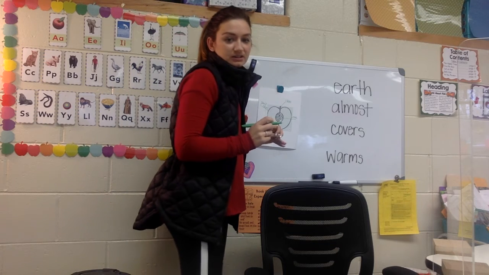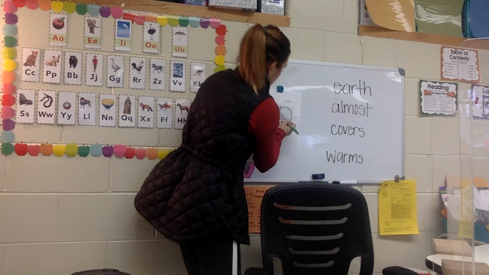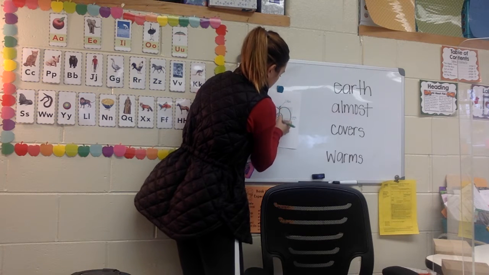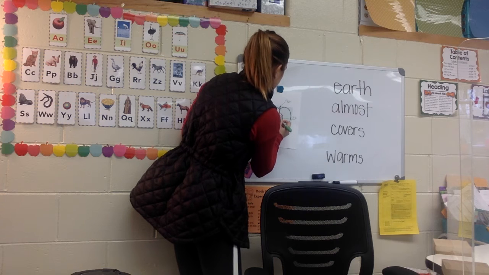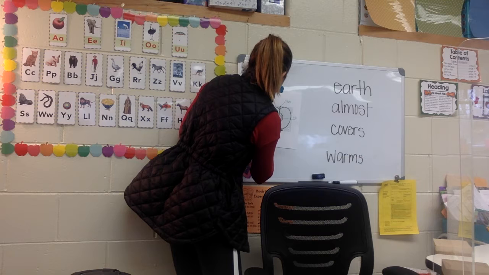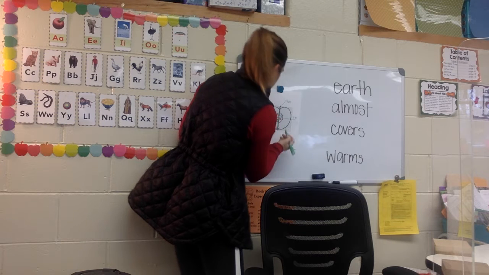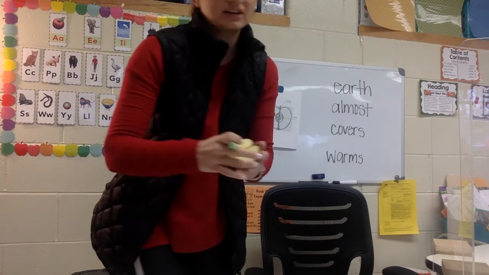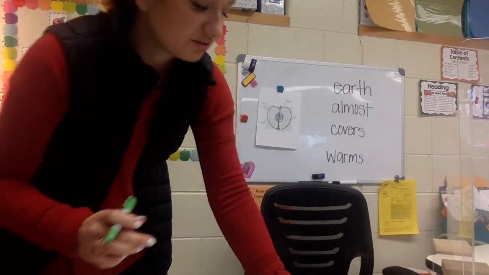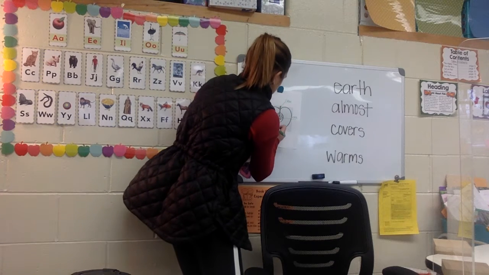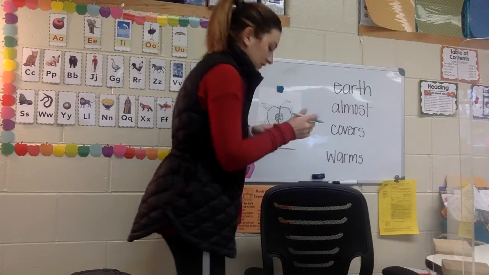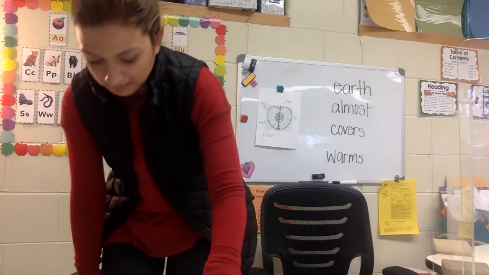Down here, the core runs all the way through the apple. These round parts are the seeds. And this part where you can kind of see a new change in color now is what we call the flesh. The flesh of the apple.